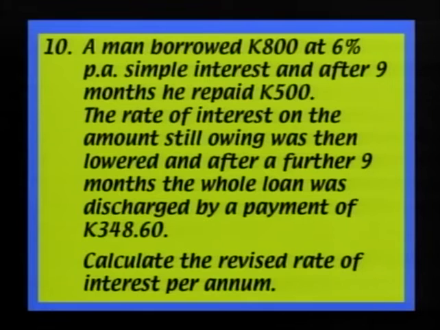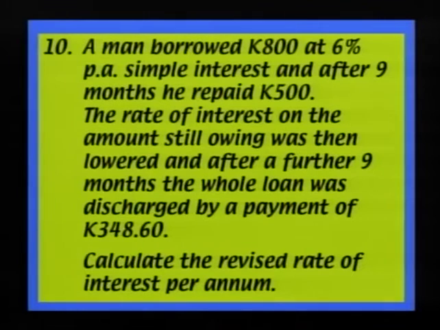A man borrowed 800 kina at 6% per year simple interest, and after 9 months he repaid 500 kina. You have to find the total amount of money that he has to pay back in 9 months. How many years is 9 months? It's 3/4 of a year. It's 9 over 12, that's 3/4.